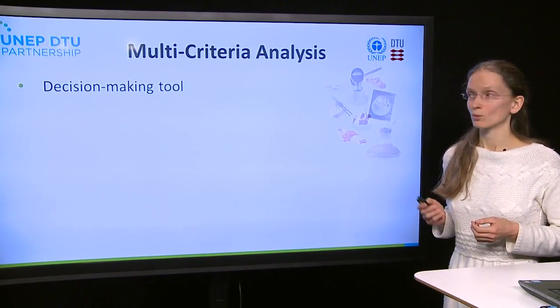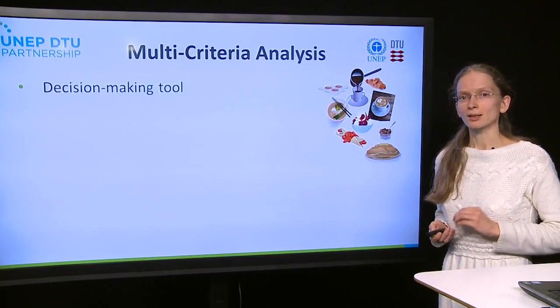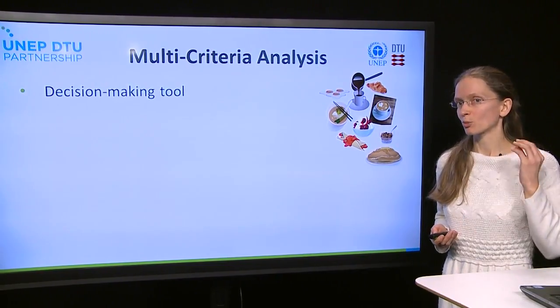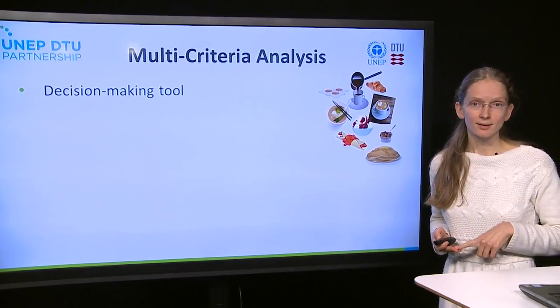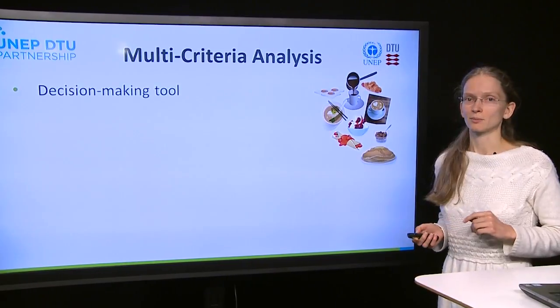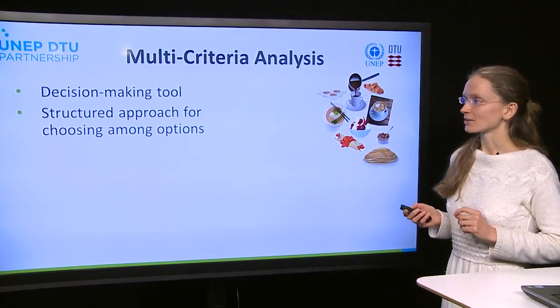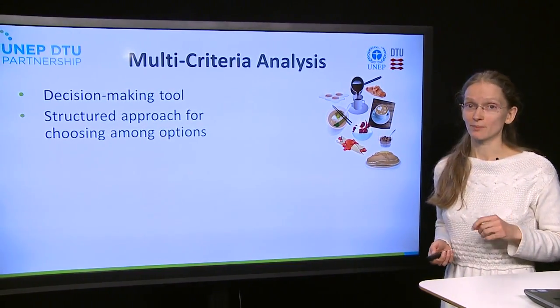For example, when you choose what to eat for breakfast, you choose it implicitly and without thinking about it, but you use several criteria in your subconsciousness, such as taste, price, did I eat it yesterday, is it going to keep me going until lunch. You make this decision implicitly, but it is a kind of multi-criteria analysis.